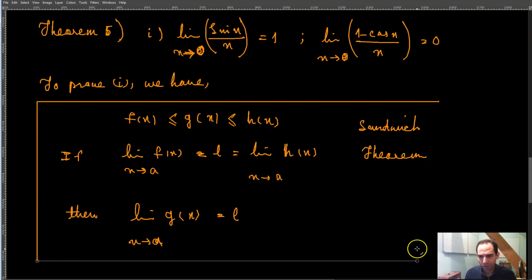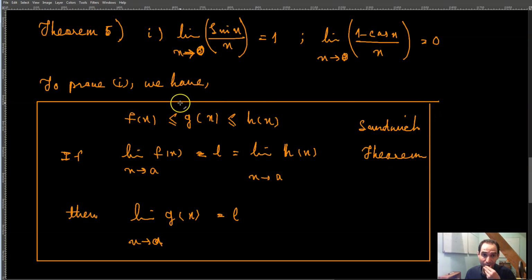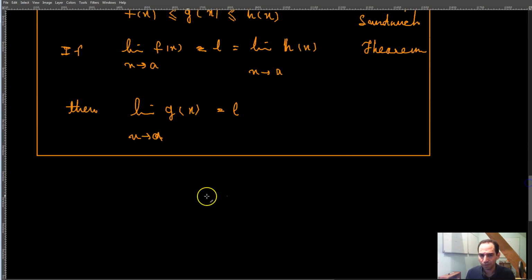Now, using this, we can say that, and also we know there was some other theorem that we had about sine x by x, the one that we just proved, which is that cos x is less than sine x by x is less than 1.